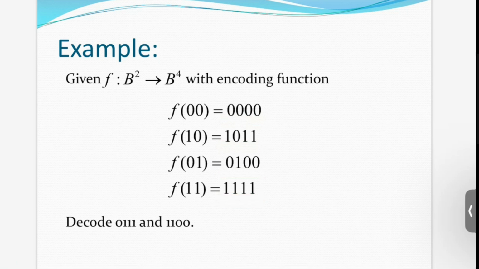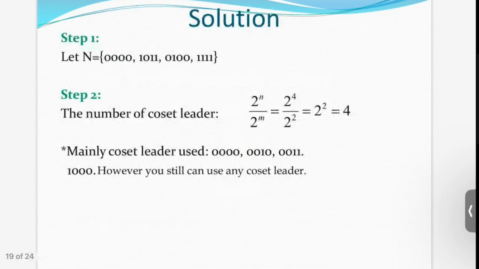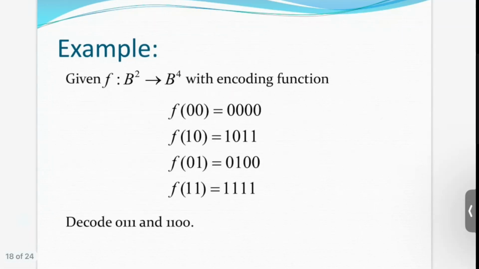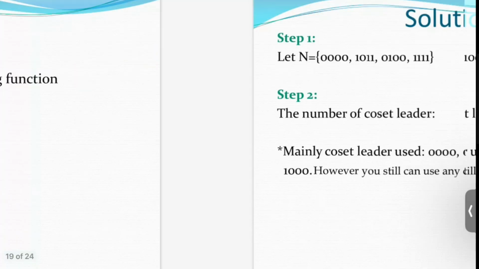If the coset leader is not given, then you have to identify the number of coset leaders: 2 power n divided by 2 power m. This is your n and this is your m.